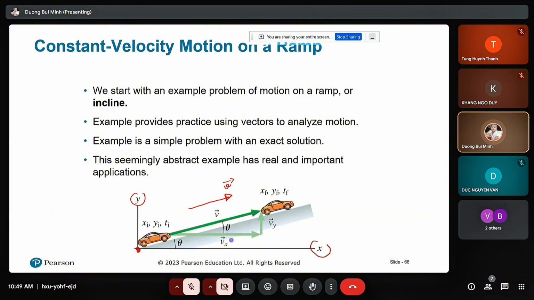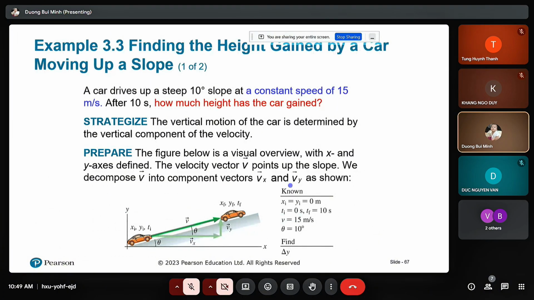So you can get here vector vx, and here vector vy, and we can know the phase angle. This is the initial position, and this is the final position. If we know some certain parameters, we can calculate the others.